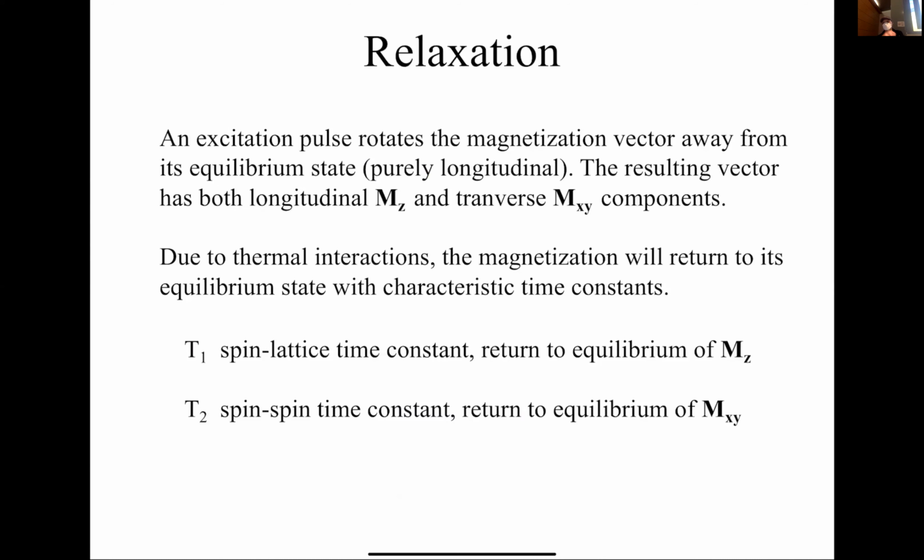The important thing is we're going to think about both longitudinal, that's the M sub Z component, and transverse, that's the M sub XY component, separately. T1 is what's known as the spin-lattice time constant, and that governs the return to equilibrium of M sub Z. Anywhere you see T1, you know that's related to M sub Z.